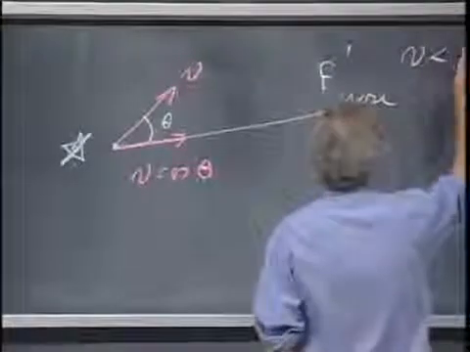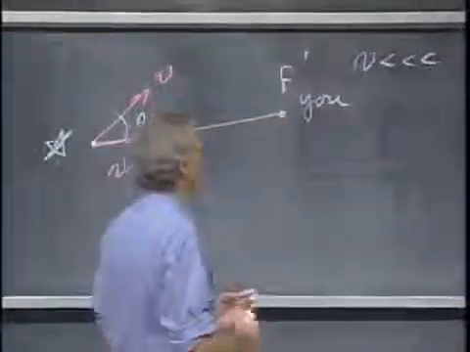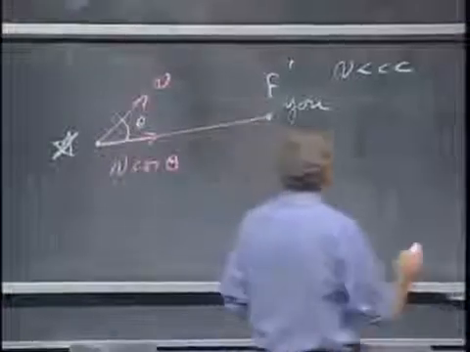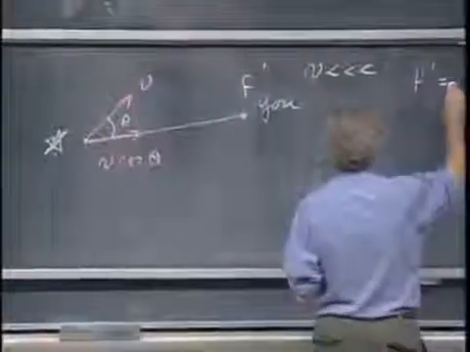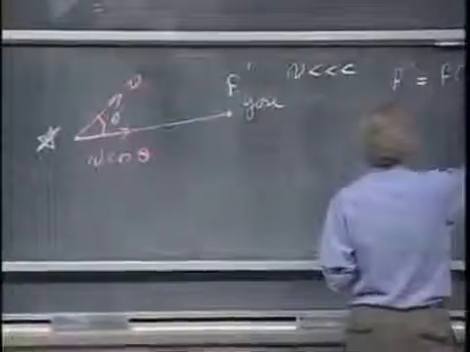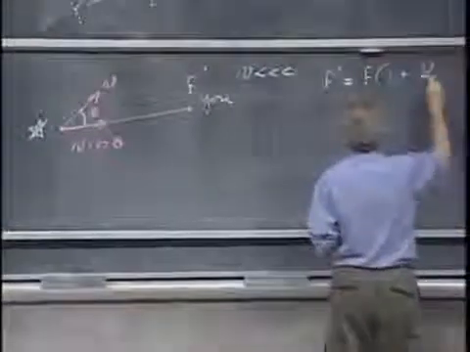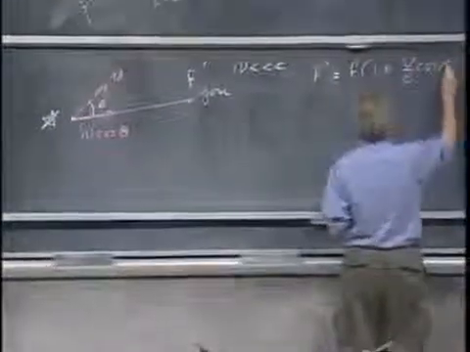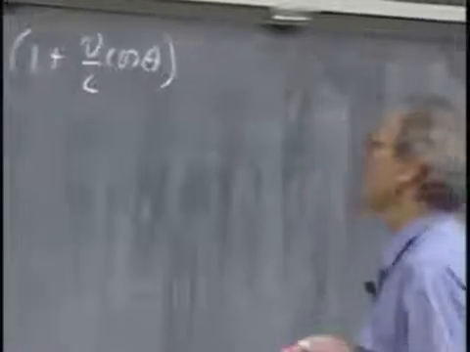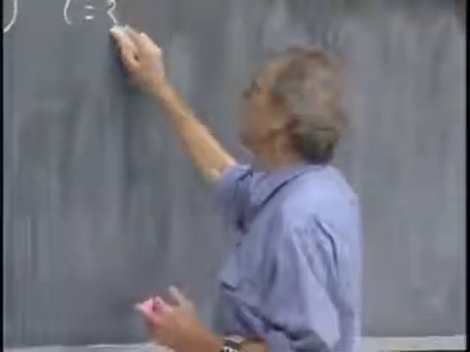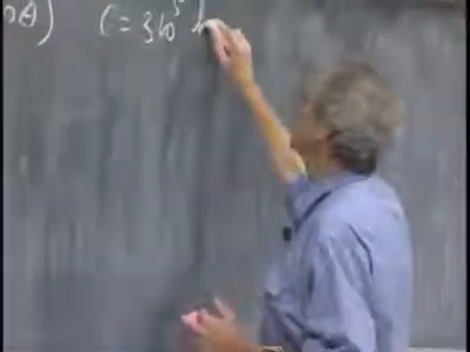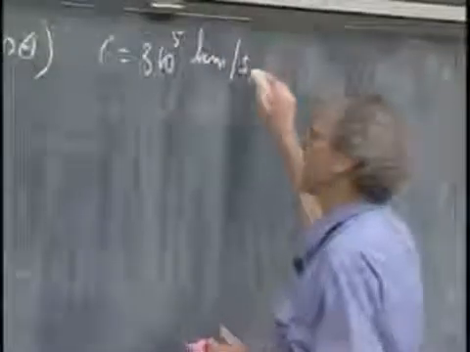If the velocity of the star is much, much smaller than c, then f prime, the one that you will receive, equals f times 1 plus v over c times the cosine of theta. This equation is on your exam. C is 3 times 10 to the 5th kilometers per second.